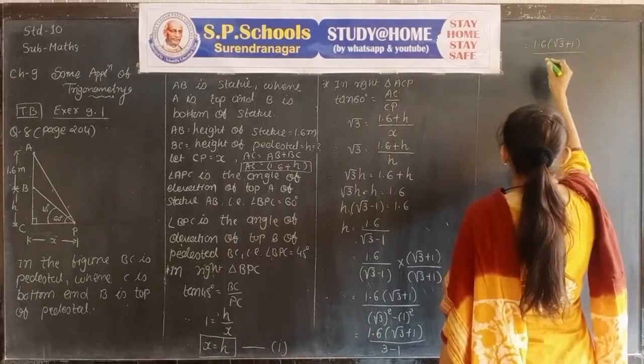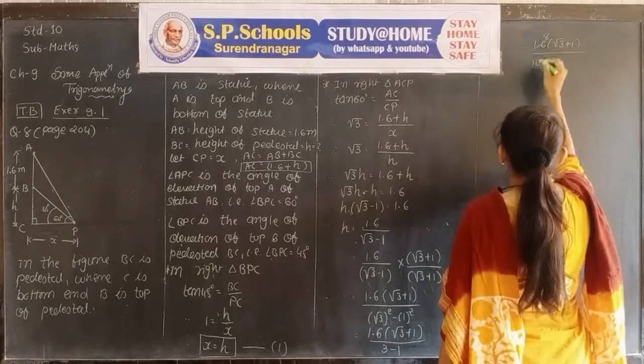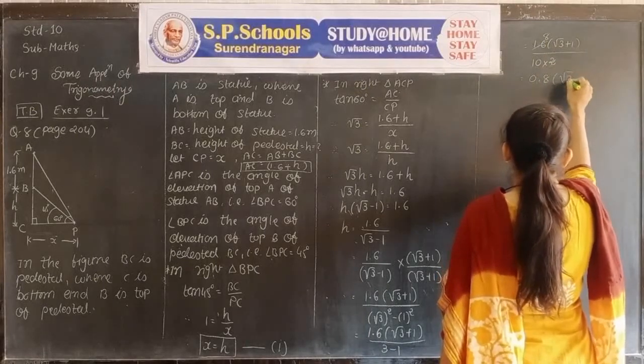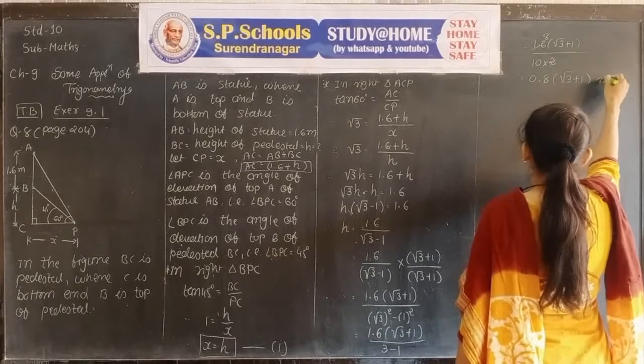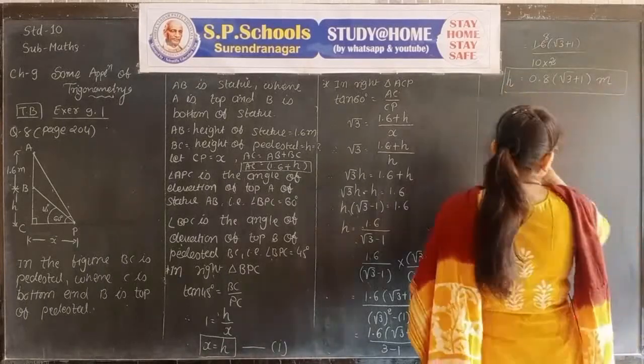Now remove the decimal point and we get 16 by 2, which is 8, so our answer is 0.8 into bracket root 3 plus 1 meter, the height of the pedestal.